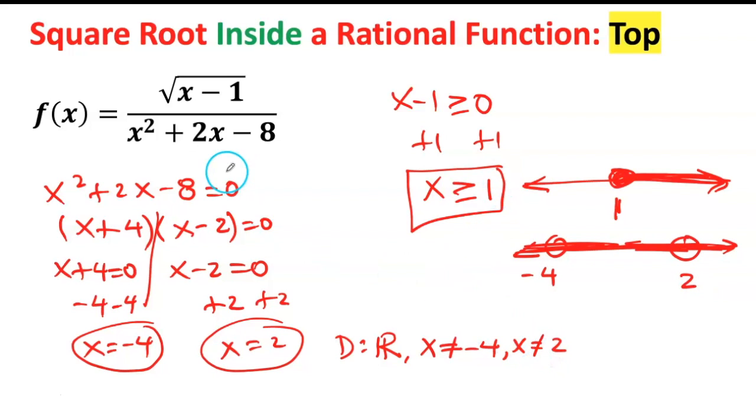Okay, now, in order for them to be valid, it has to work on both, right? So if you notice, basically we're looking for the intersection of those two domains. So let me explain. From here on, there's an intersection.